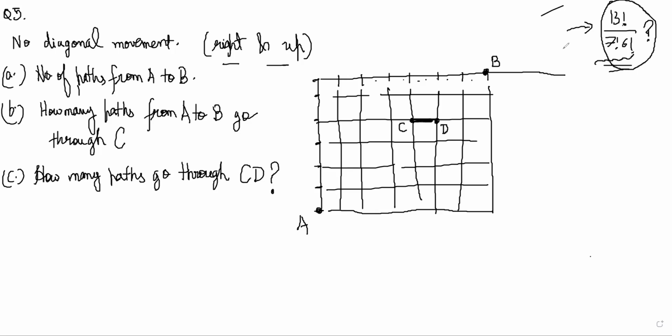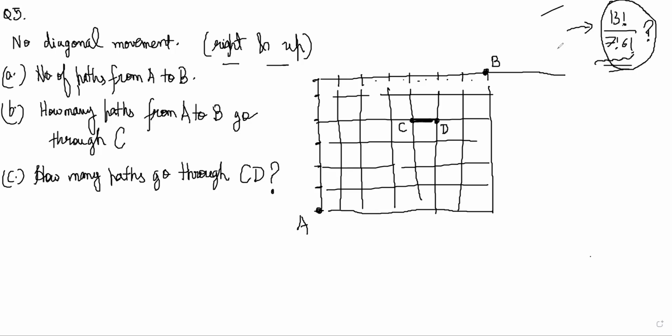Sir, what I think is that maybe what we can do is we have seven paths to the right and six paths in the way up. So we can make cases, right?